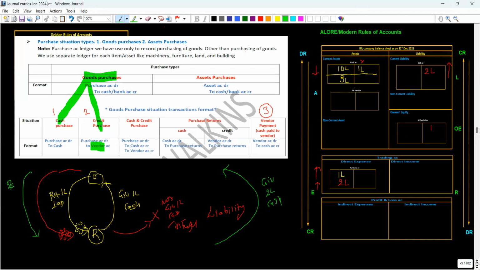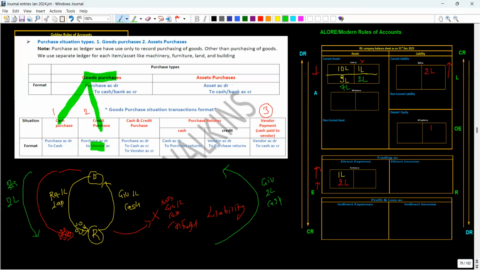The company is receiving a reduction of the 2 lakhs rupees of liability. Yes or no? When we pay cash, we expect the benefit of reducing the liability in our company, right? Yes. So here, to reduce the cash account, record the 2 lakh credit side in cash account.